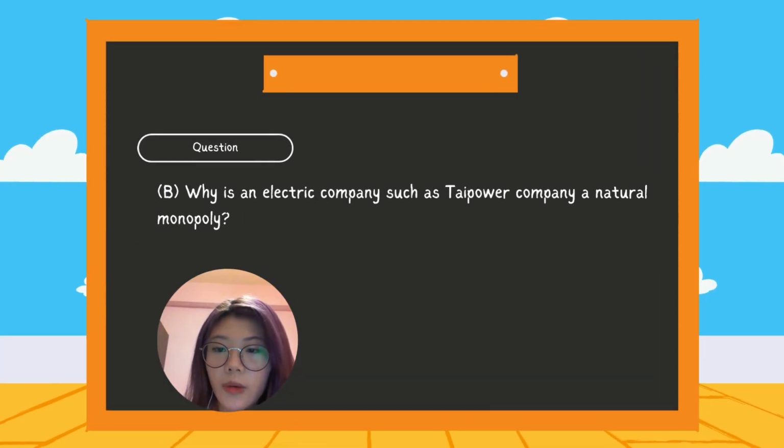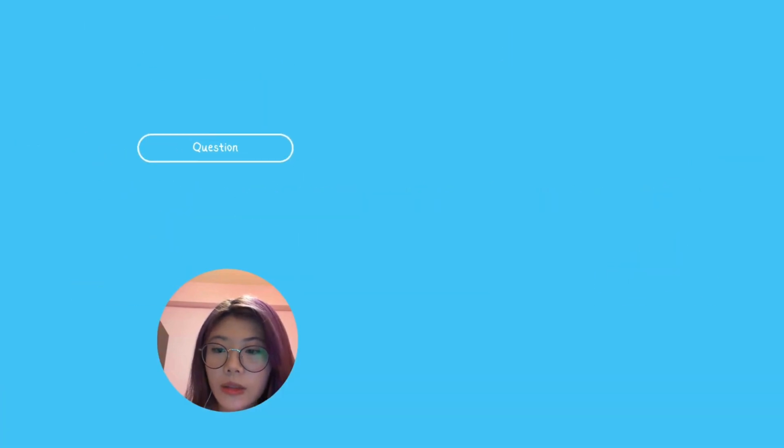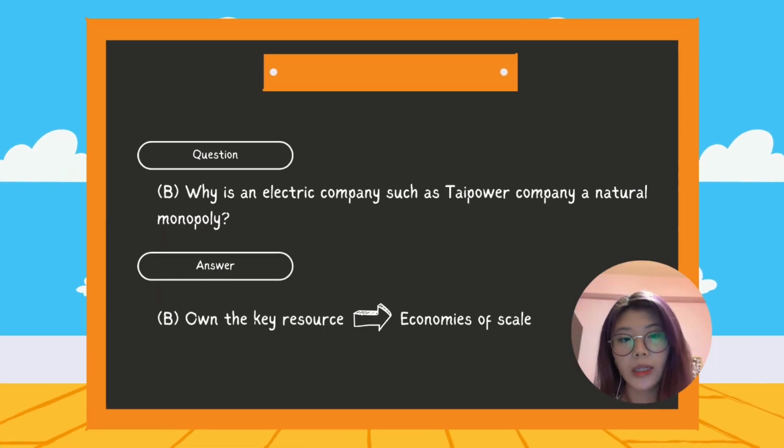Then question B, why is an electric company such as Taipower Company a natural monopoly? Taipower is a natural monopoly because it was a government business, so they own the key resource, leading to economies of scale over the relevant range of output.